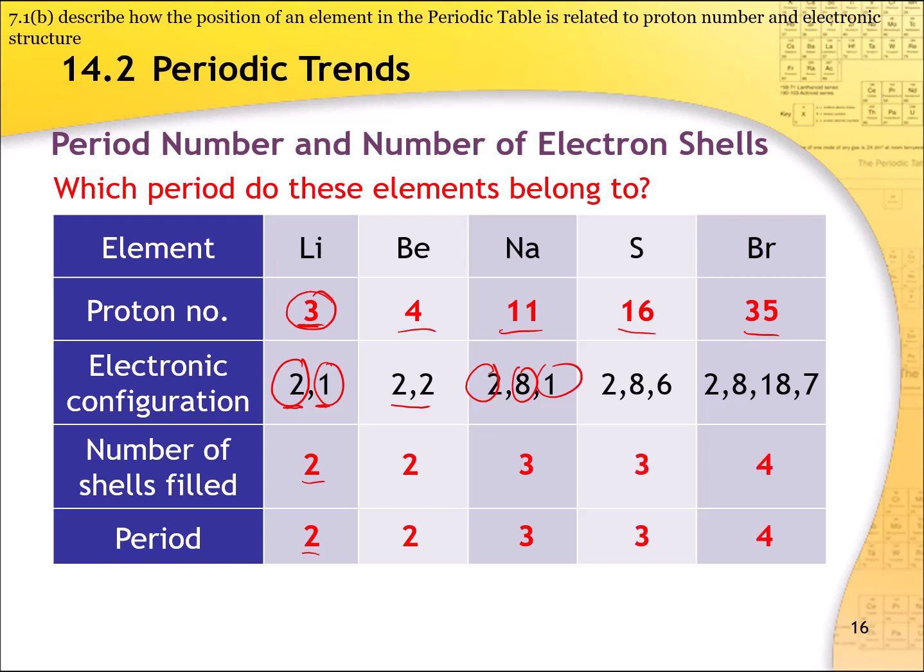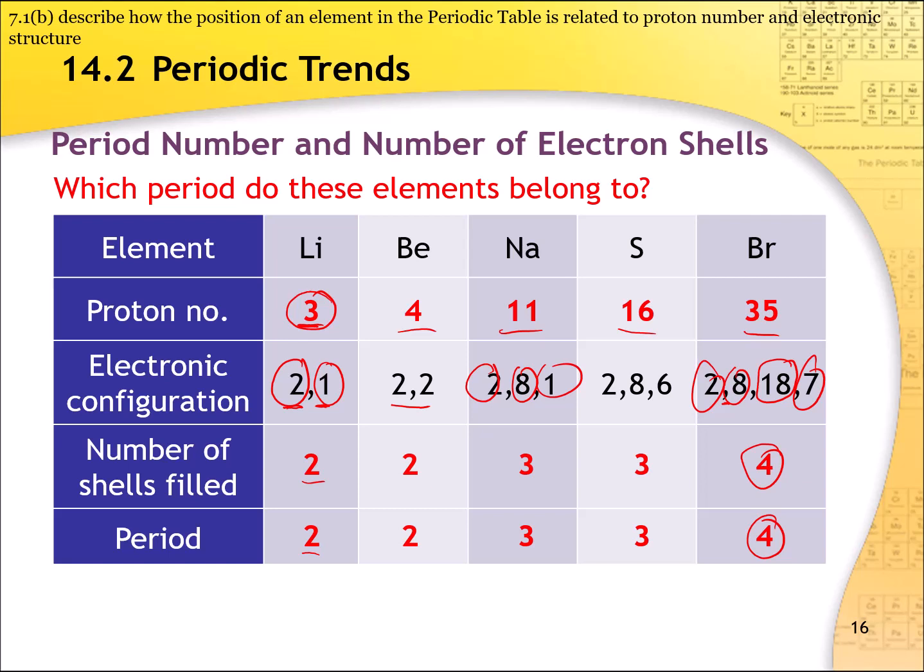For bromine, you can see that actually there's up to 18 for the third shell, but you don't study this in the syllabus, so don't worry about that. You just need to know that bromine has 1 shell, 2 shells, 3 shells, and 4 shells. So based on 4 shells, the period is also 4.